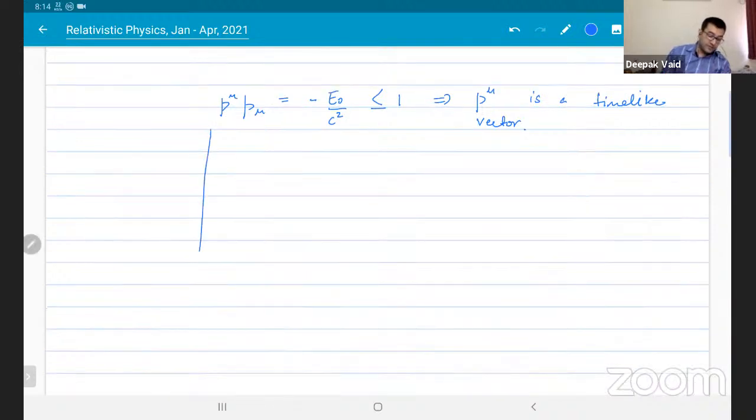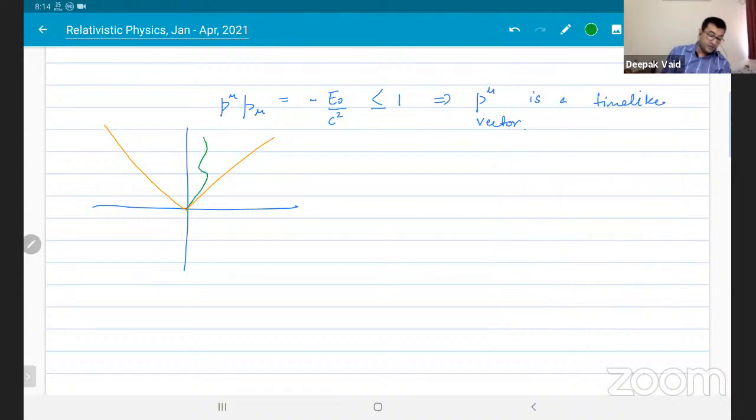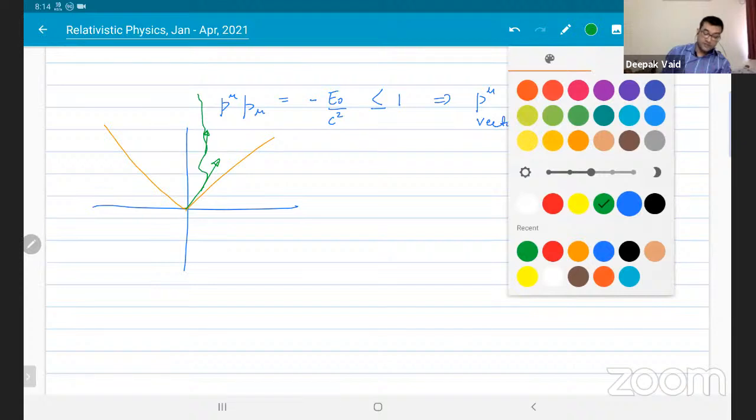Because a massive particle can never move outside the light cone, right? So if this is the light cone, then a massive particle can only move such that its tangent vector always lies within the light cone, right? Its velocity 4 vector can never lie outside the light cone.